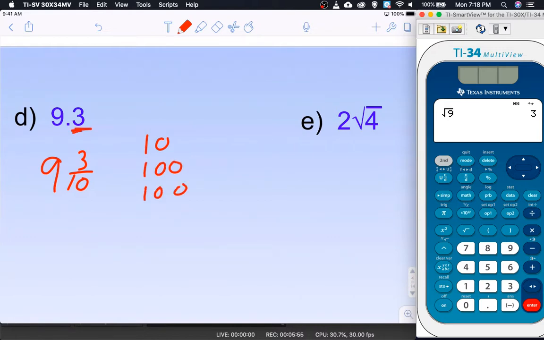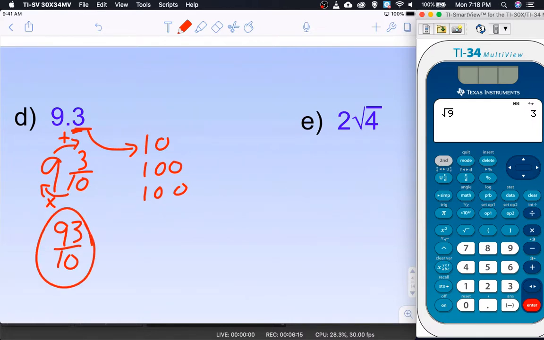Because there's one digit after the decimal, it is in the tenths place. And then as an official fraction, that would be 93 out of 10. 10 times 9 is 90 plus 3. So that's a multiply. So 93 out of 10 is the official fraction. Letter E.